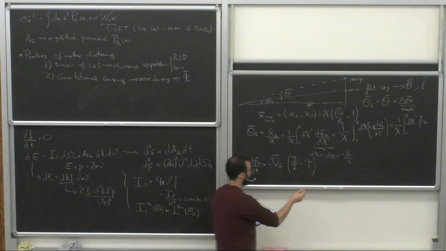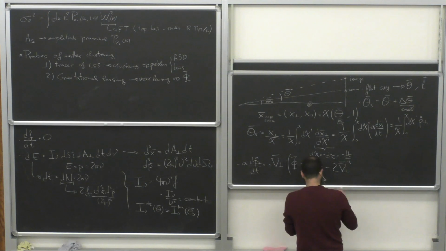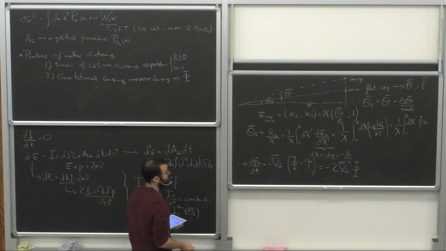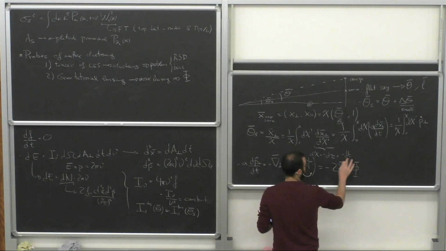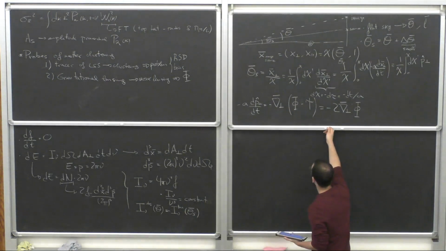And assuming that we don't have any shear, we have minus 2 times the gradient perpendicular to us of the gravitational potential.